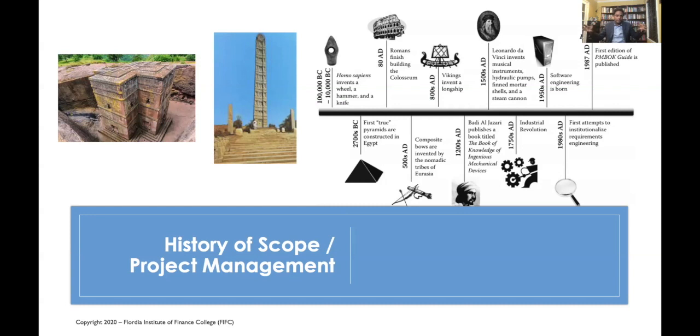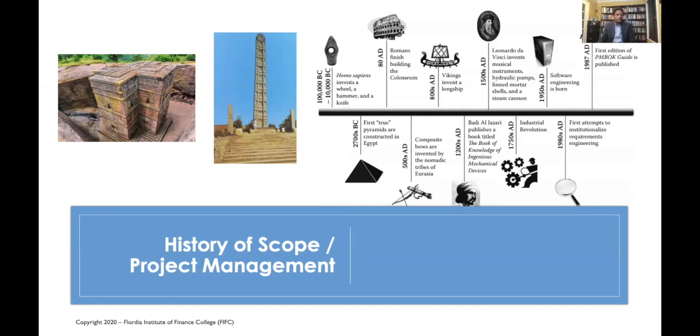And it goes on and on until 1969 or 1987, when the PMBOK Guide was established by the Project Management Institute. So the history of project management means the history of scope management, because whenever we talk about project, we're also talking about scope. And this goes all the way back to the establishment of humankind.